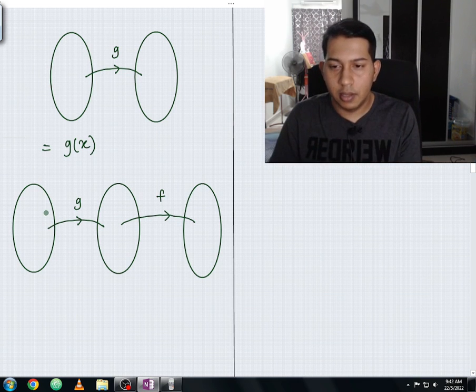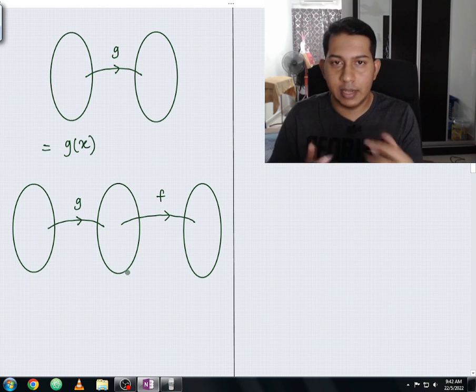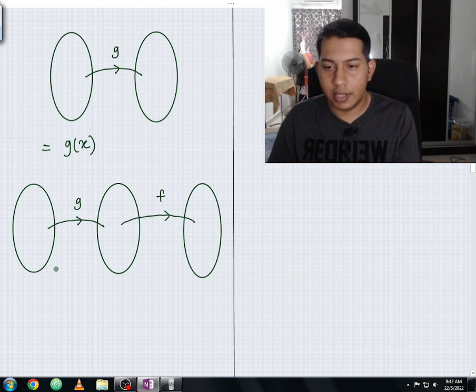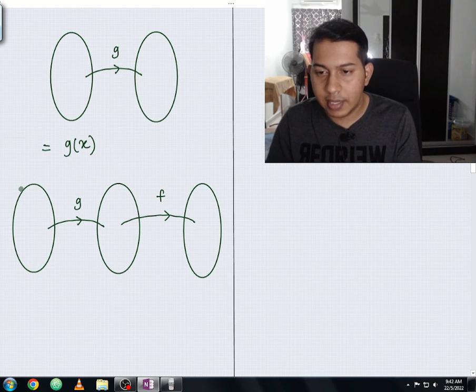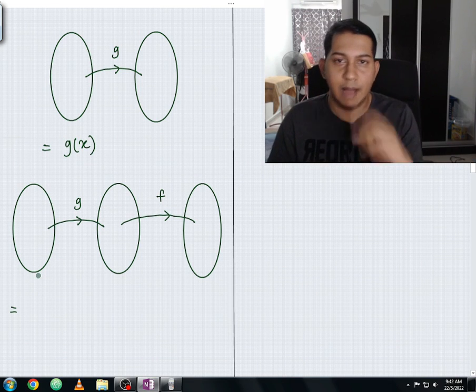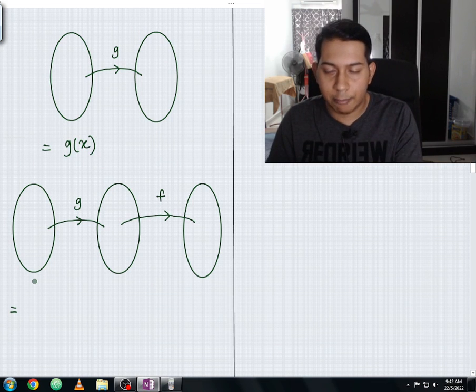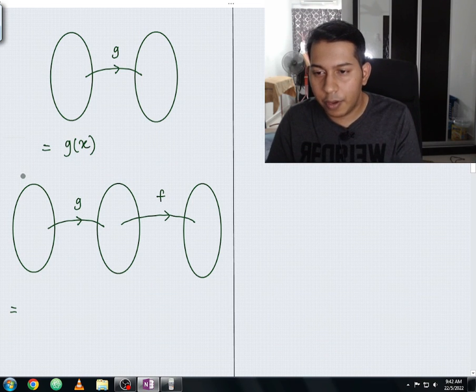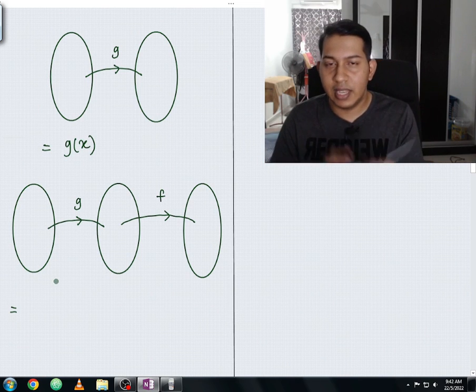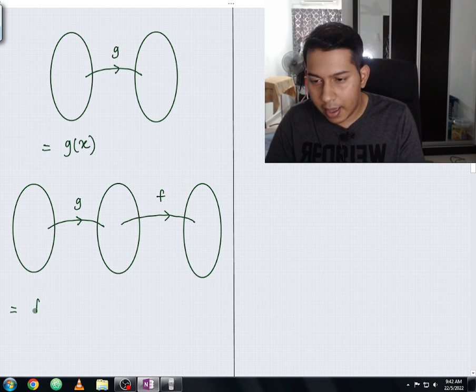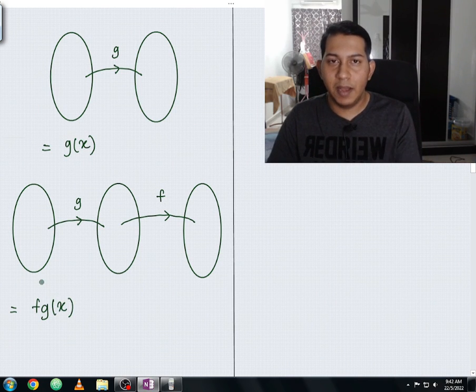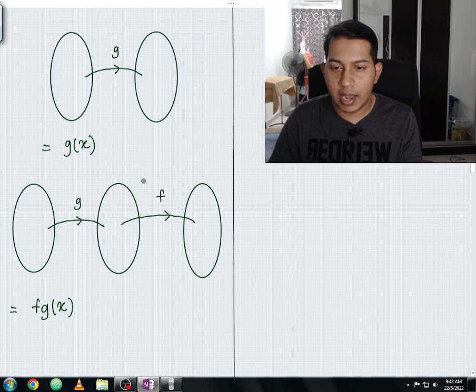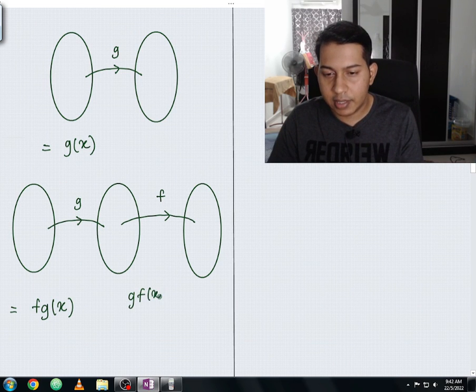You can explain it in terms of an arrow diagram, or you can write it in terms of a mathematical equation as well. If I want to explain this in terms of the mathematical equation, it will be f(g(x)), not g(f(x)), guys. I'm going to explain why in the upcoming explanations. You might be thinking, you have g and f, why is it not gf(x) instead?